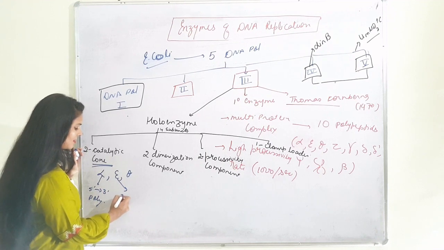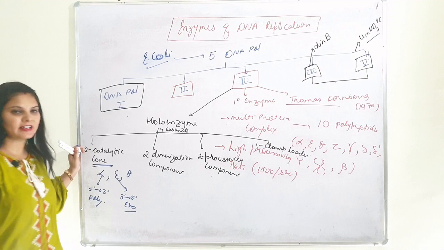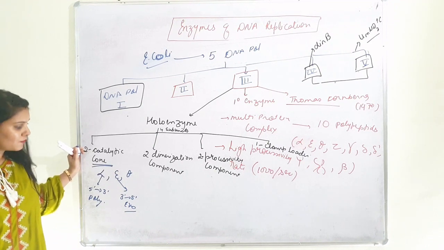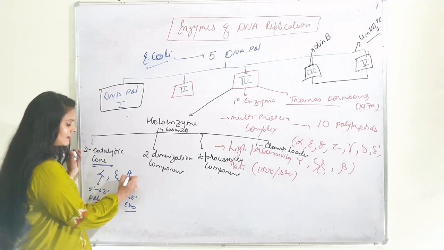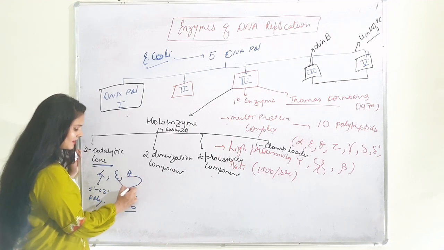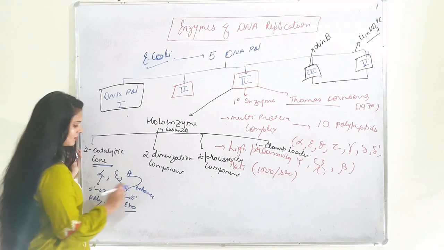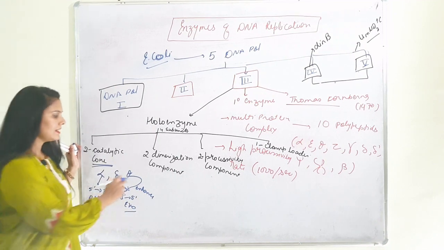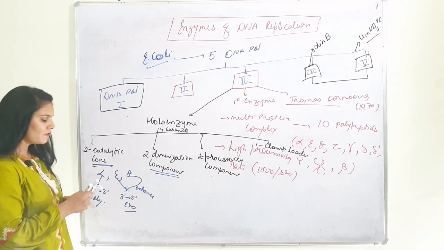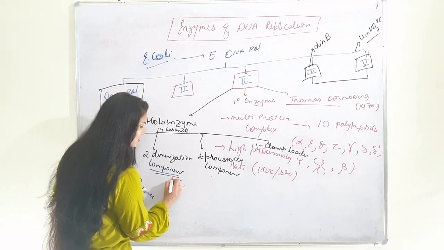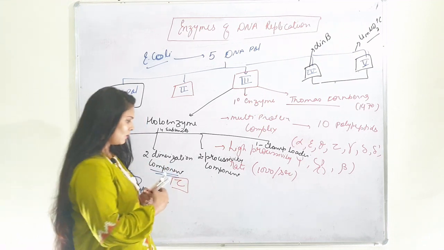Epsilon has 3'-5' exonuclease activity, which is the ability of proofreading the newly synthesized strand, and theta enhances the activity of epsilon. Next, the dimerization component is formed by tau subunit.